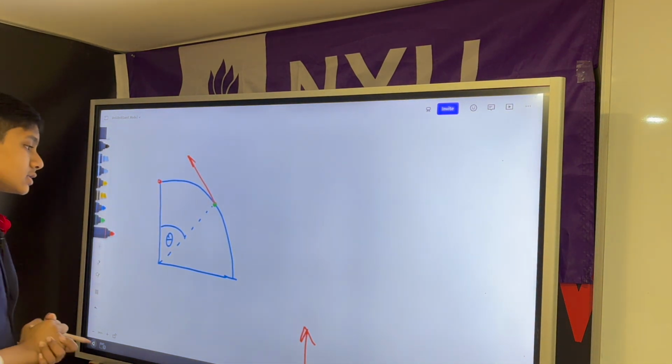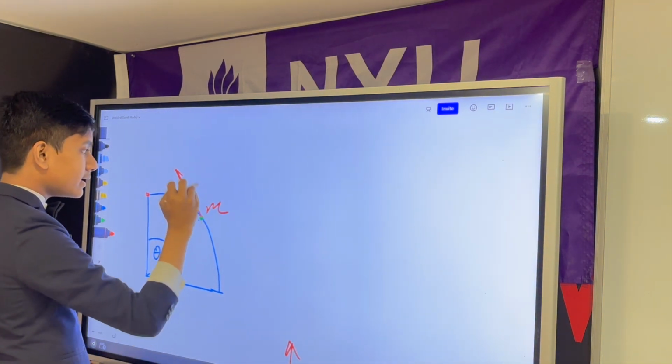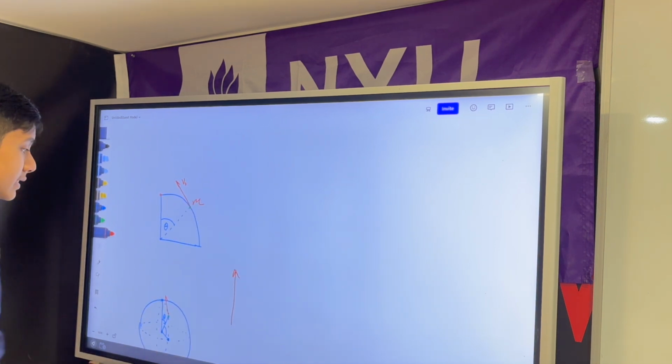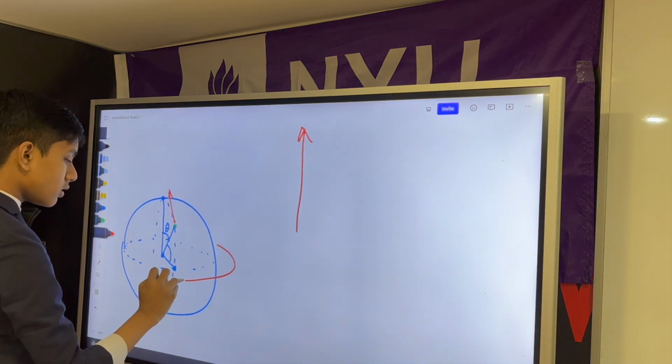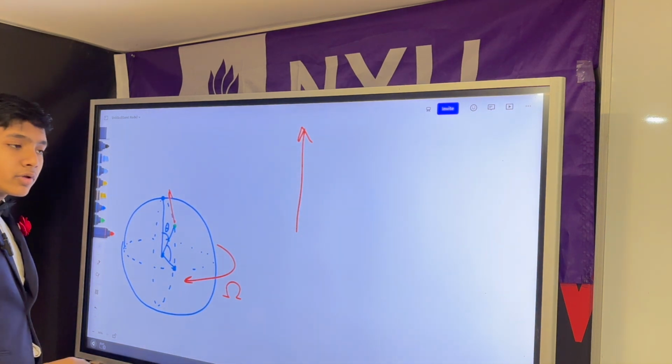All right. So now, if the bullet has mass m, initial velocity v naught, and the Earth is turning with angular velocity omega, then we want to find the Coriolis force.